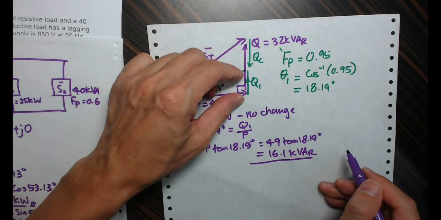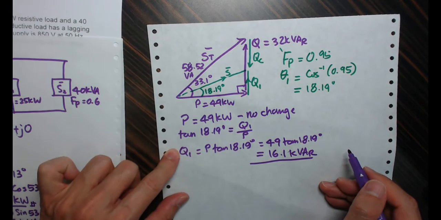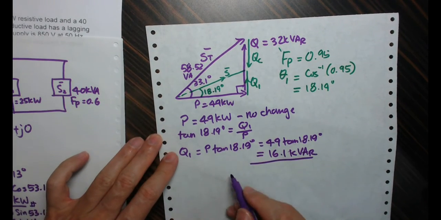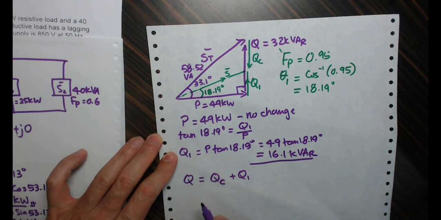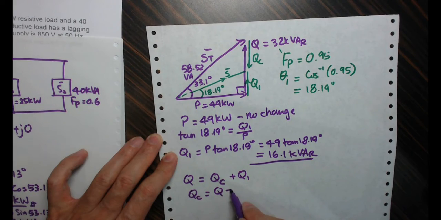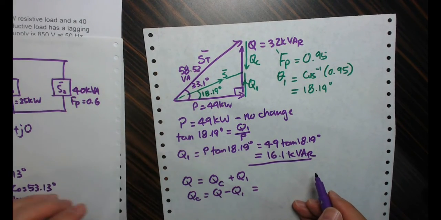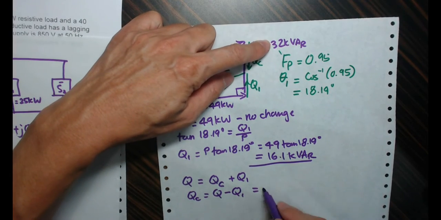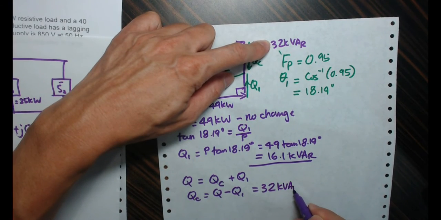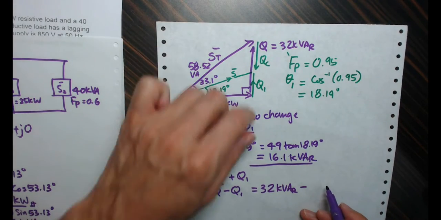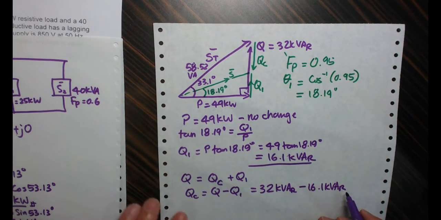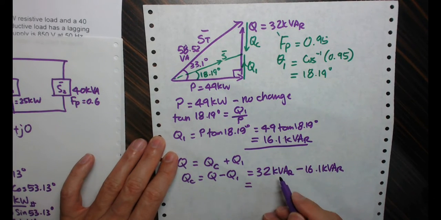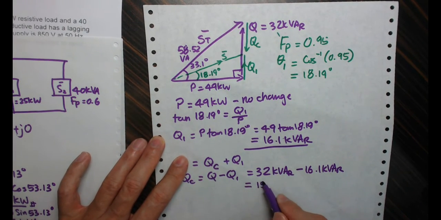In other words, I want to reduce the overall Q until Q1, which means I have to introduce QC. That means the total Q comprises QC and Q1, so QC must be Q minus Q1. So QC is the original reactive power, which is 32 kVAR, minus the final one that I want, 16.1 kVAR, which means I need to introduce a QC of 15.9 kVAR.